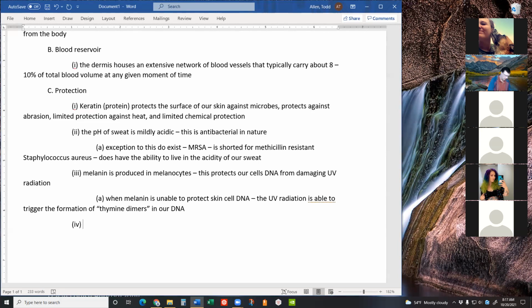So dendritic cells, Langerhans cells, actively surveil the skin and alert the immune system to potential microbial invaders.